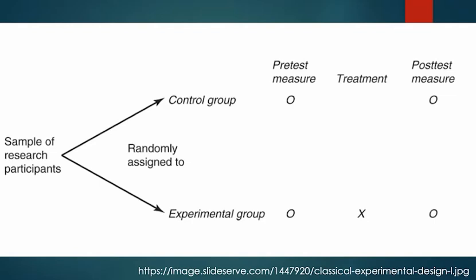So as a basic example, let's suppose we're interested in happiness, and we have a group of people. We randomly assign some to the control group and some to the experimental group, and we then measure them to see how happy they are. At that point in time, they should be equal in happiness. Then we give some a treatment, and that treatment might be instructions to write in a journal each week five things that they're grateful for.